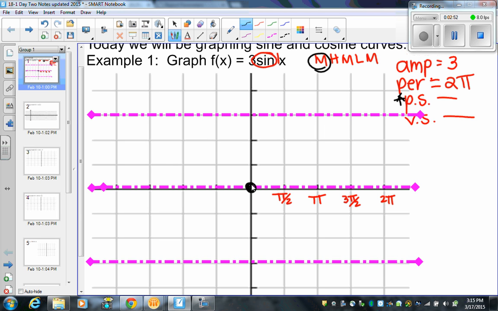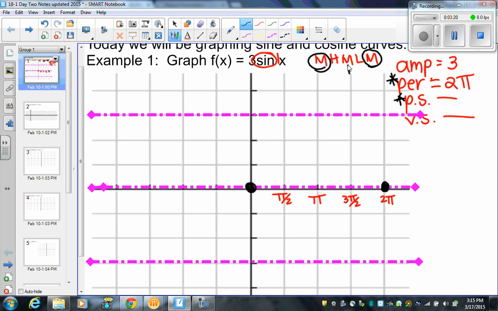Once I've got my first point plotted, I want to go to my last point. My last point is going to be on the middle, and it's going to be the period 2 pi in distance from my first point. So 2 pi in distance is according to our scale 4 spaces. So my last midline point would go at 2 pi.